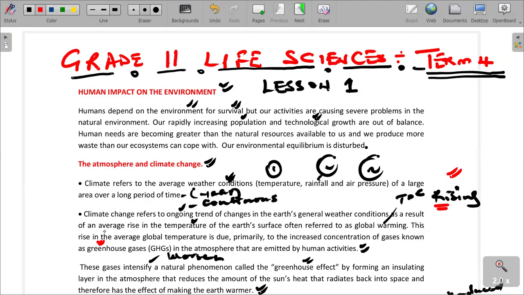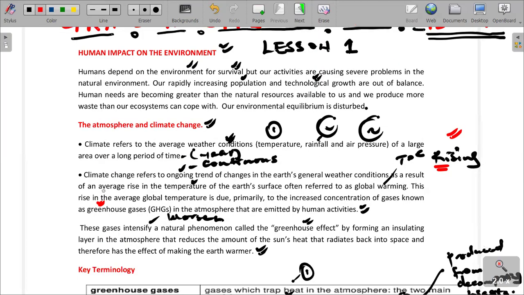We can talk about mining, car exhaust fumes, industrial emissions, and many other related activities that result in the release of carbon gases. We call those greenhouse gases, which concentrate highly in the atmosphere, therefore causing global warming.